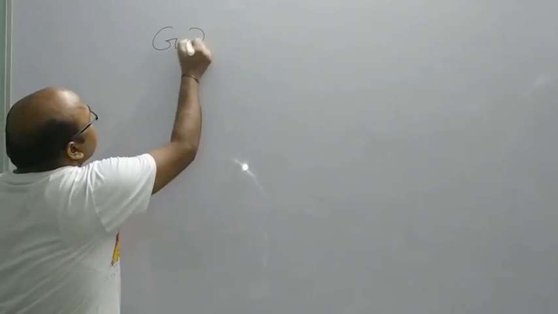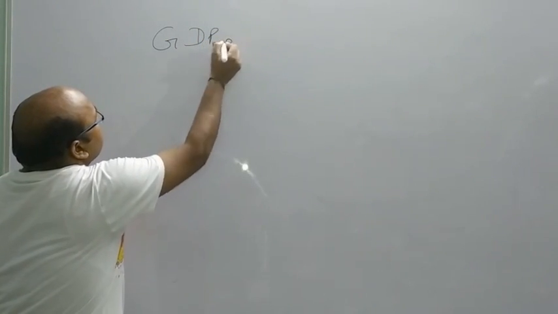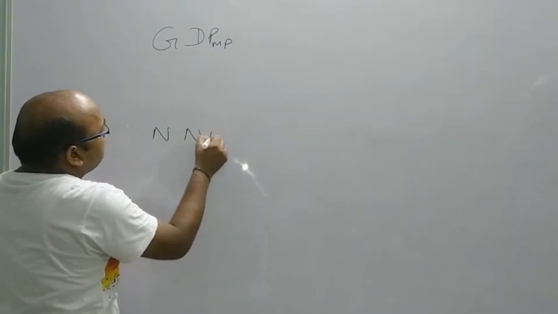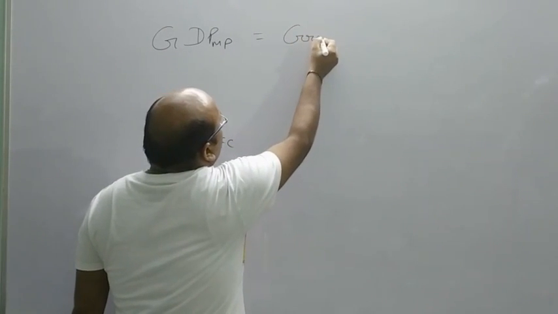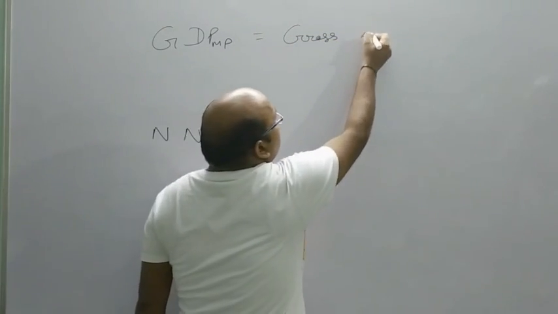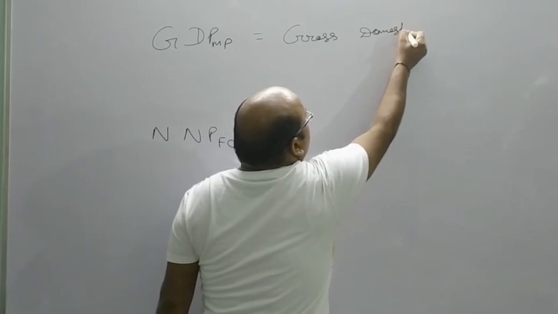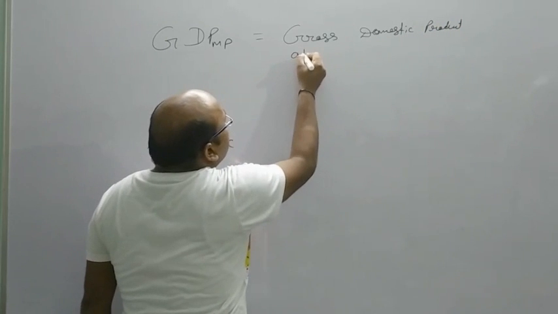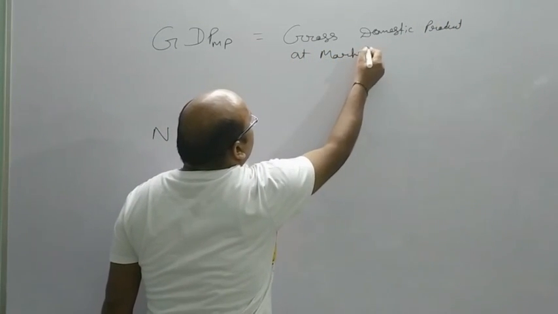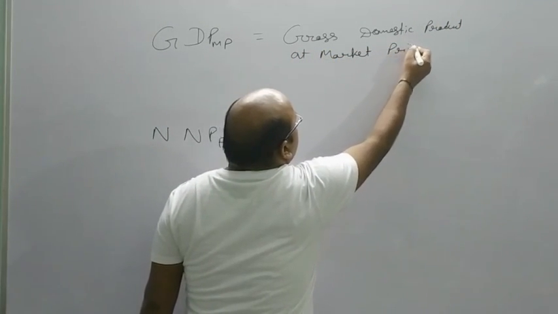GDP-MP and NNPFC. GDP-MP: G stands for gross, domestic product at market price. M for market, P for price.